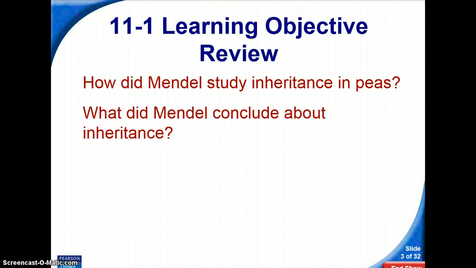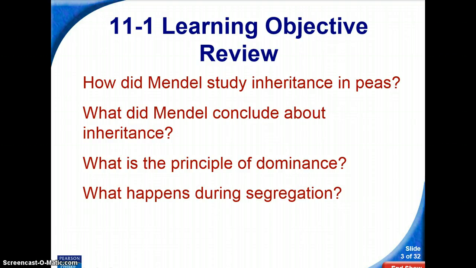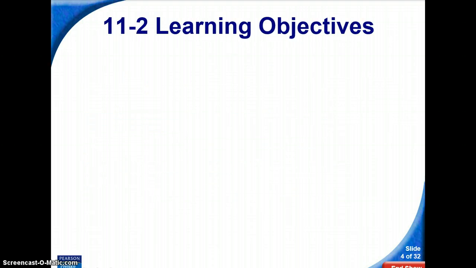What did Mendel conclude about inheritance? He concluded that biological inheritance is determined by factors passed from one generation to the next. And what is the principle of dominance? Some alleles are dominant and others are recessive. And lastly, what happens during segregation? During segregation, alleles separate during gamete formation.